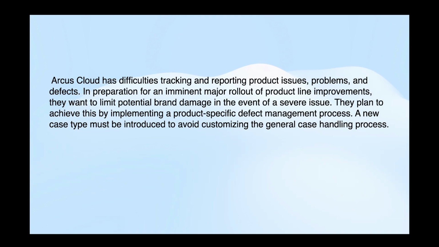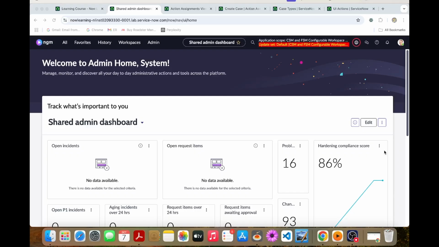In preparation for an imminent major rollout of product line improvements, they want to limit potential brand damage in the event of a severe issue. They plan to achieve this by implementing a product-specific defect management process. So a new case type must be introduced to avoid customizing the general case handling process.